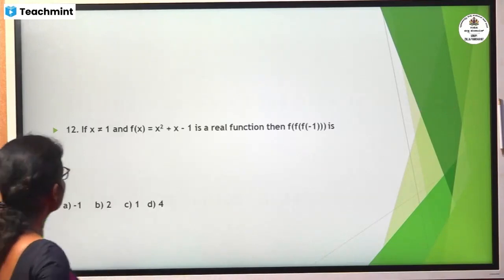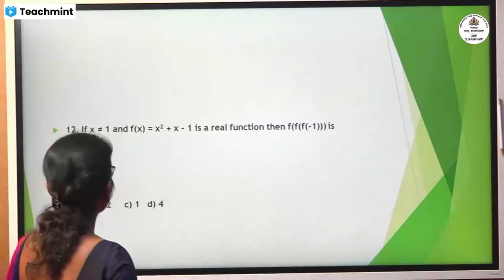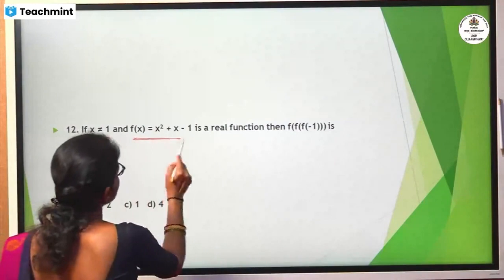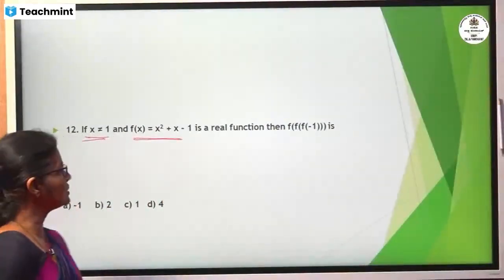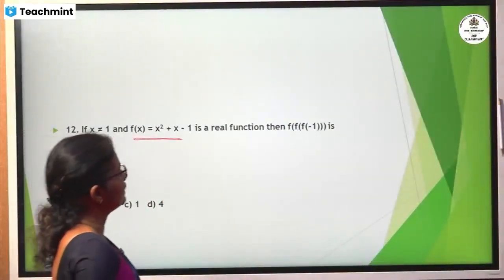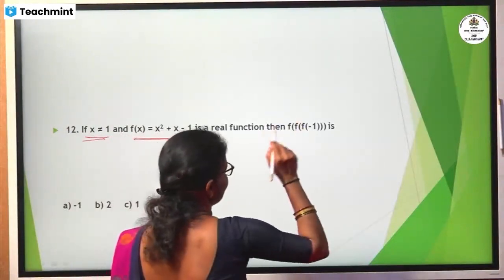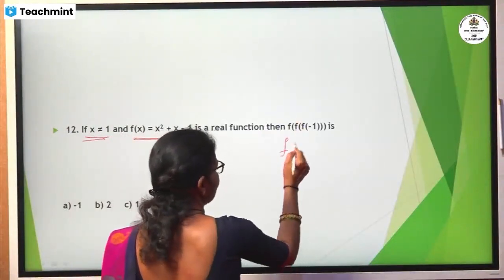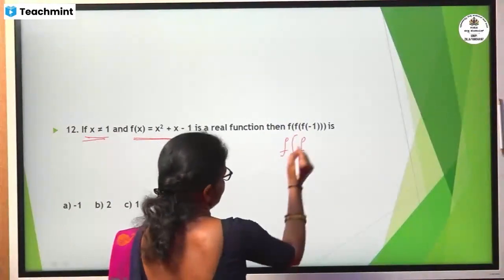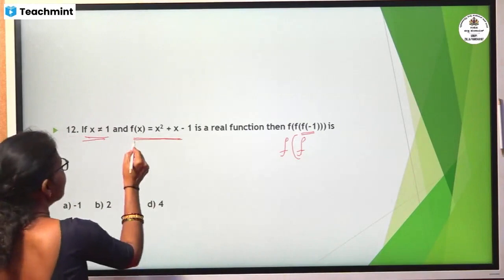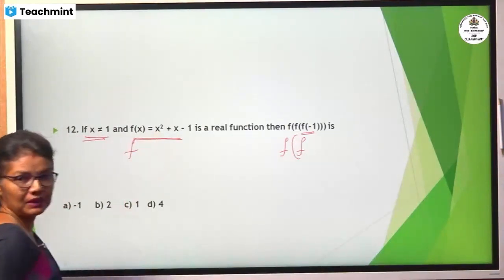Next question. If x is not equal to 1, f of x equal to x square plus x minus 1 is a real function, then find f of minus 1. So I'll keep f of as it is. Simplify this. See here, f of x is x square plus x minus 1.